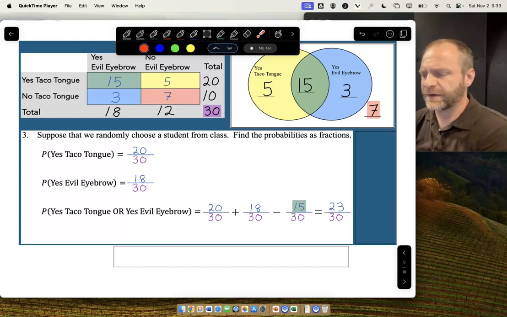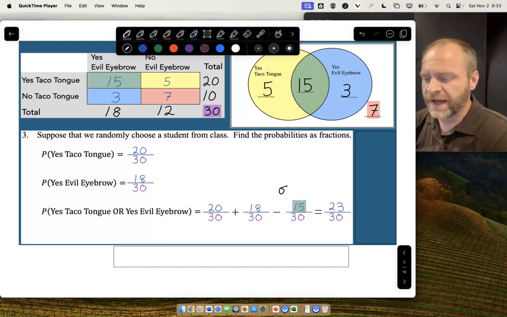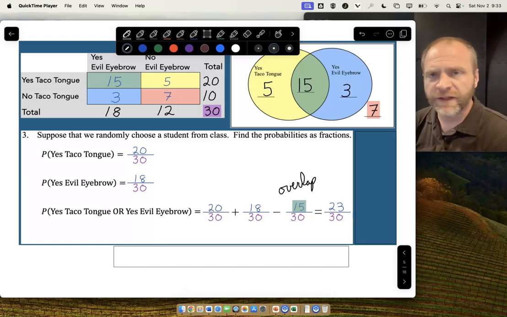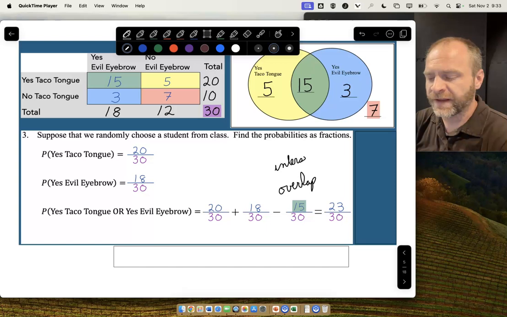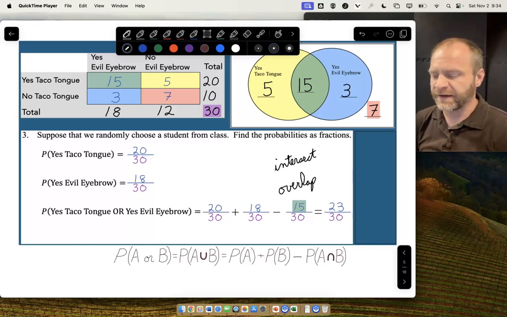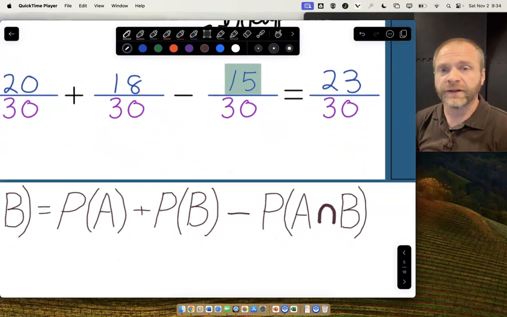So in this case, there was something interesting that happened. We had an overlap. The overlap is where they intersect. Overlap is the word I used before. We are now going to start calling that where they intersect, and that's going to have the word and attached to it. So the probability of A or B, same idea as the previous slide. But the issue is now they overlap.